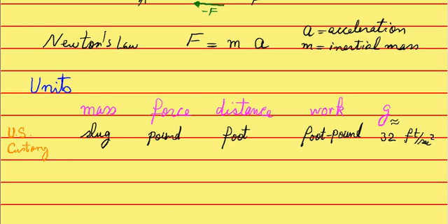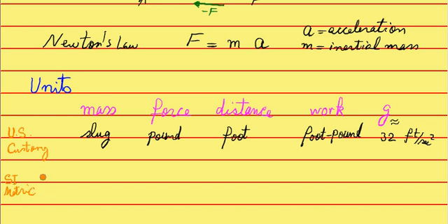Another unit system that the rest of the world uses, in fact, is the metric system, sometimes referred to as SI, system international. So SI metric also comes in some flavors.